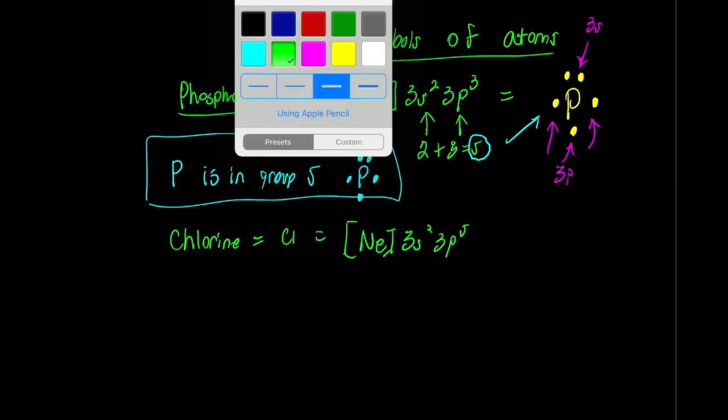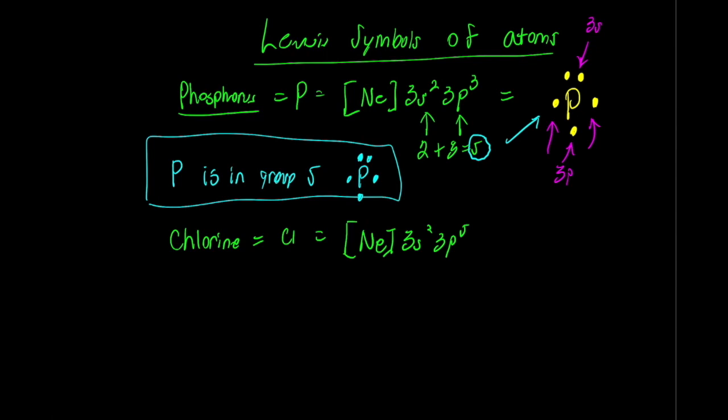Okay. And here I'm just reinforcing the electron configurations that we've talked about before. But chlorine is in group 7. Okay, group 7. So we draw chlorine with 7 valence electrons here, okay? Okay, so 2 on top, 2 to the left, 2 bottom, 1 over there. So group 7, 7 dots.